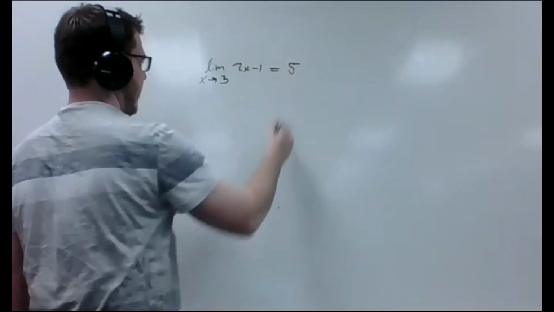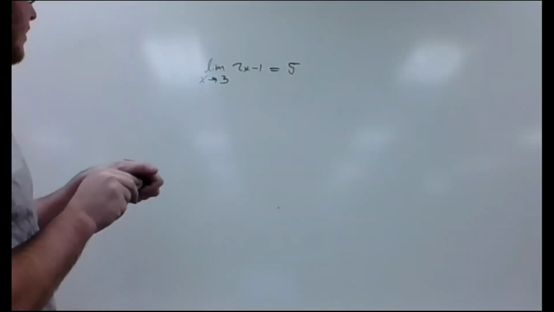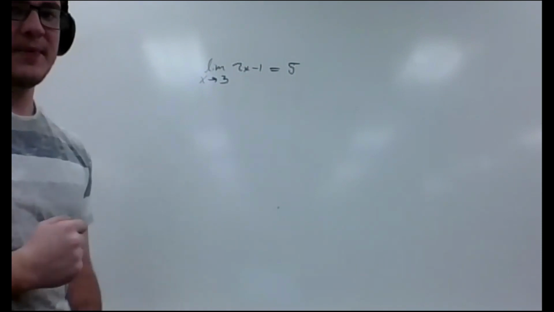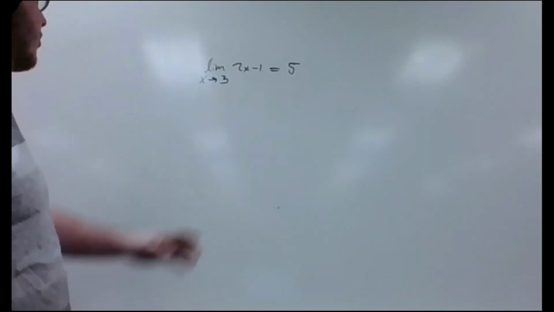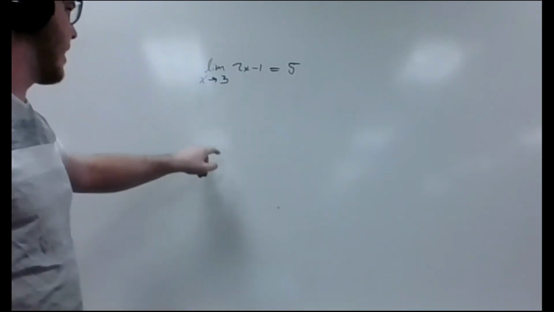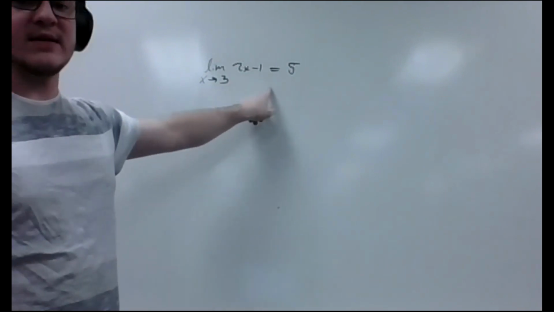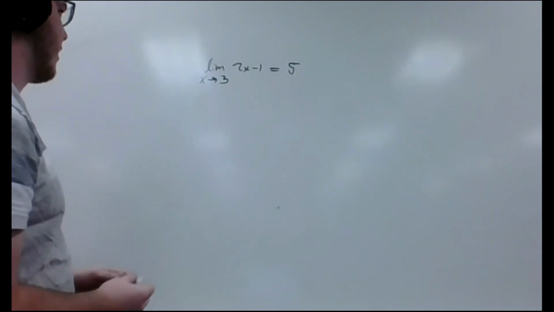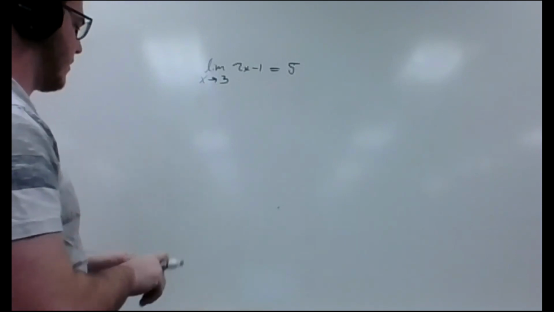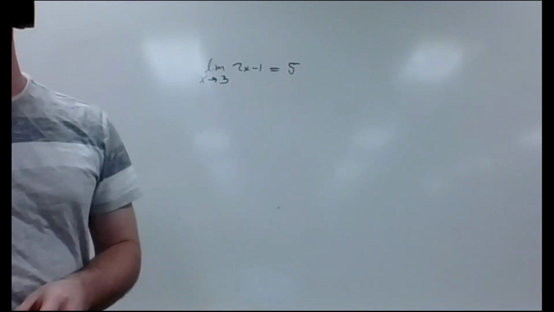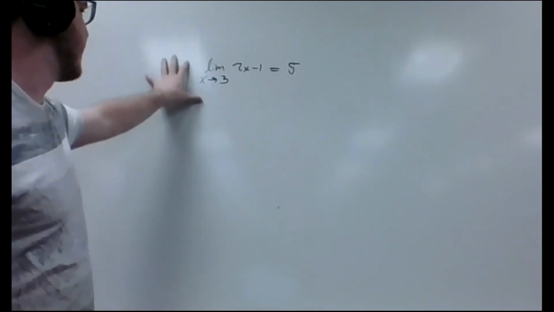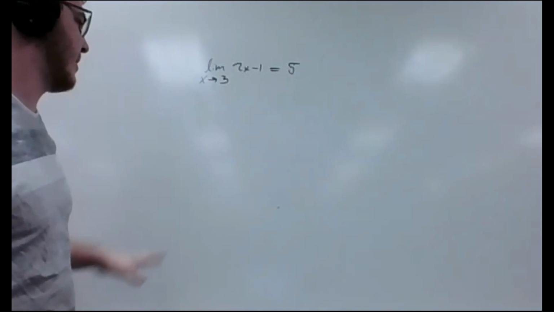We know that this is going to equal 5, right? We can just plug it in, and 6 minus 1 is 5. But we want to prove that this limit exists and that it does equal this 5. That's the goal of an epsilon delta proof: to prove that this is a true statement.